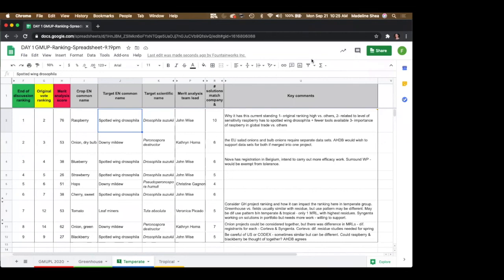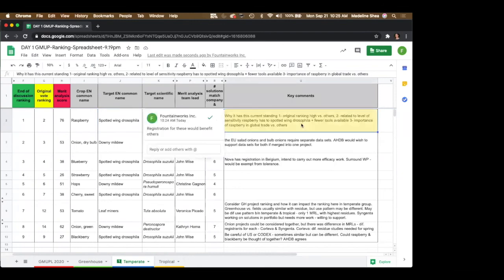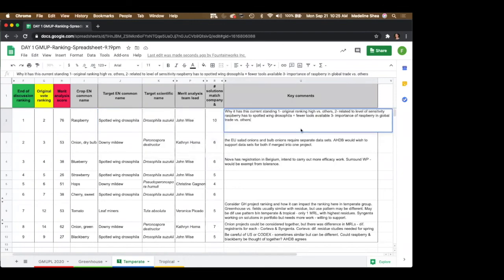I think Dan asked a little bit earlier on the call about the applicability of the Raspberry SWD solutions to the other berry crops on this list. Do you believe, John, that those same solutions in raspberry would be effective on those other crops?